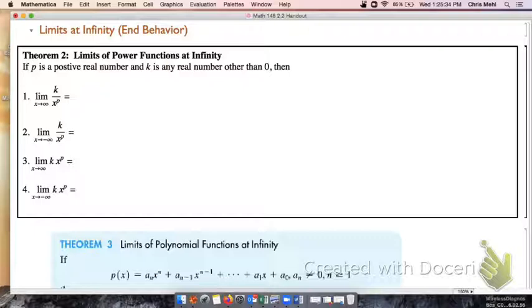If p is a positive real number and k is any non-zero real number, then I've got 4 limits here. I've got limits at infinity and minus infinity for k over x to the p, so dividing by a positive power of x, and then I've also got limits at infinity of k times x to the p.